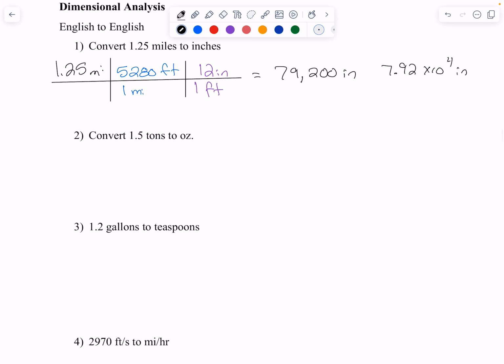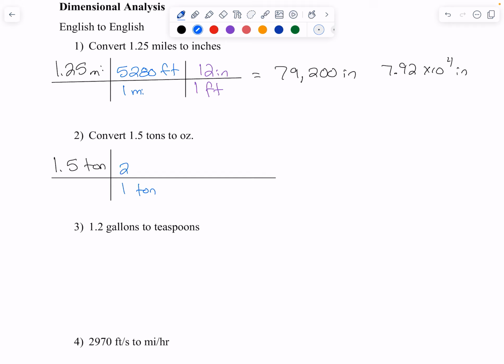All right, 1.5 tons to ounces. So I start with 1.5 tons. And we know that on the bottom has to be ton, so 1 ton. And if you look, you will have information. You don't have to memorize, oh man, how many pounds are in a ton. That's not the goal of the course, okay?